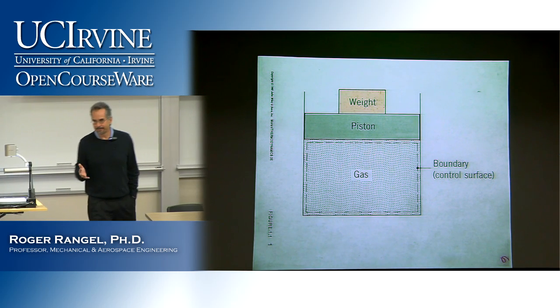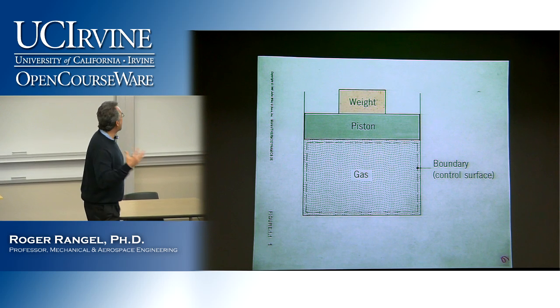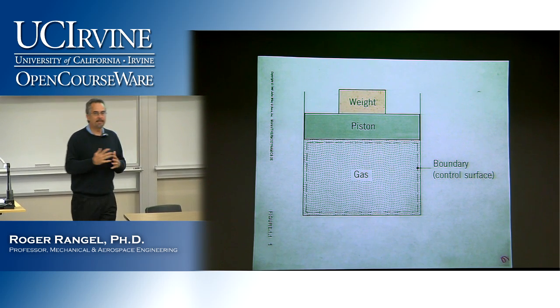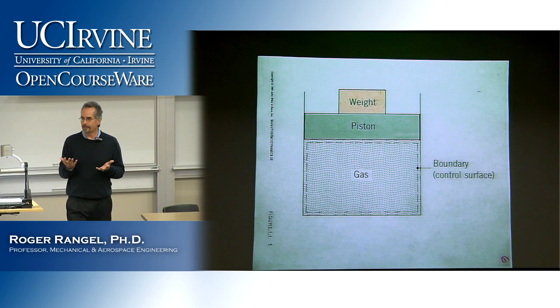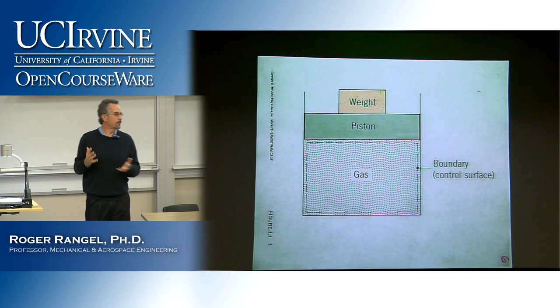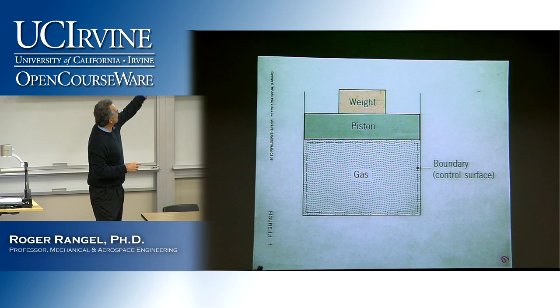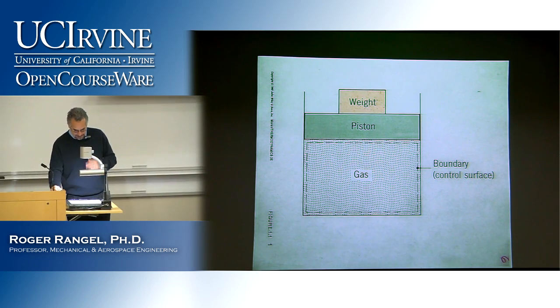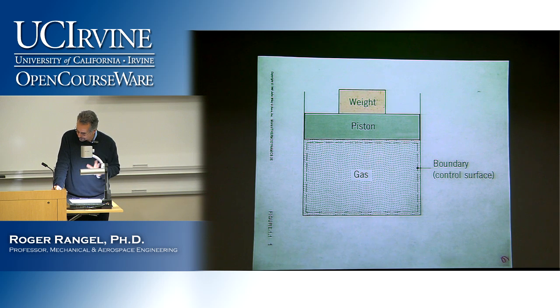But you get the point. So if you pick the gas to be your system, then you would think that maybe the inner lining of that cylinder and the bottom surface of the piston constitute your boundary. But in a simple schematic like this, we just draw a dashed line like that. And that's usually sufficient.